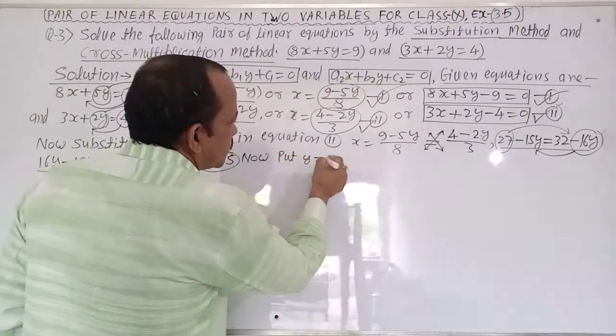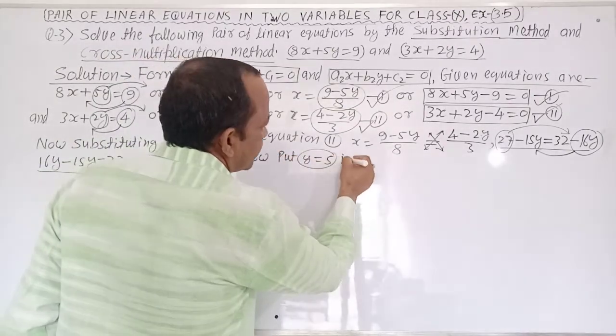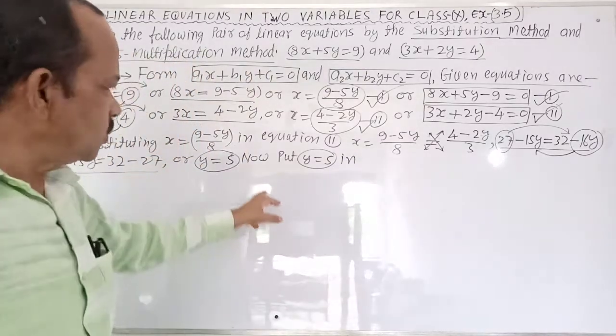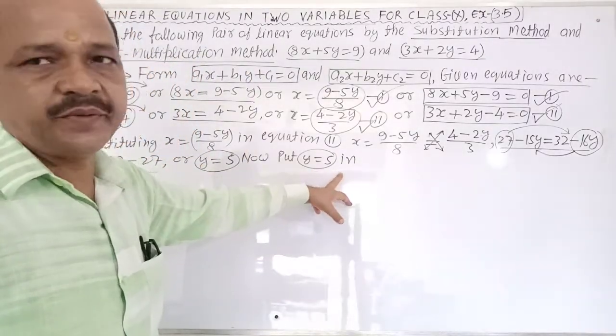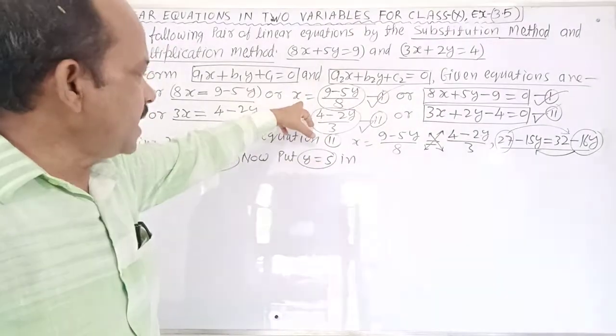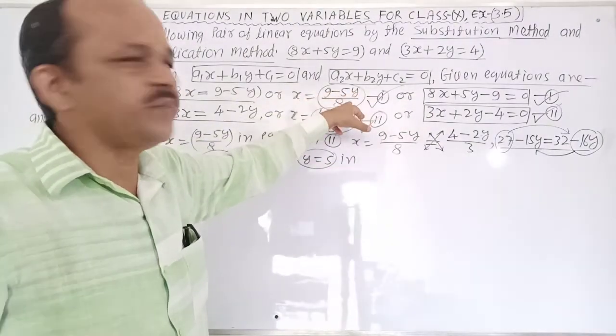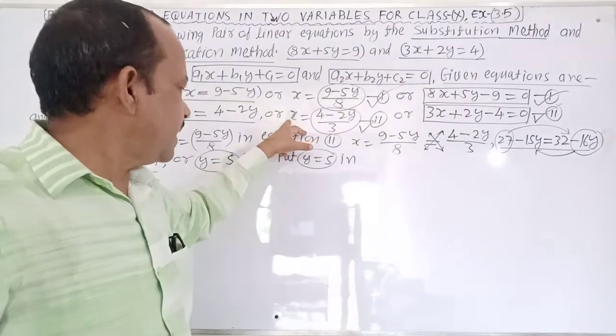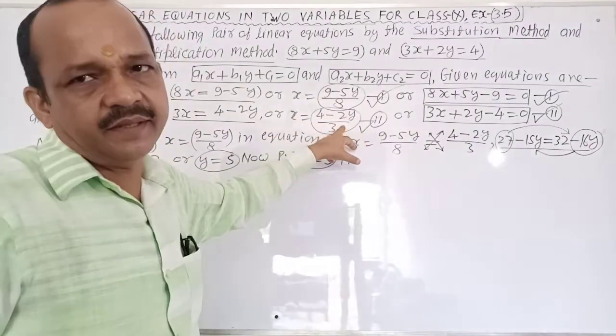y equal to 5 in here. x equal to 9 minus 5y by 8, or x equal to 4 minus 2y by 3.